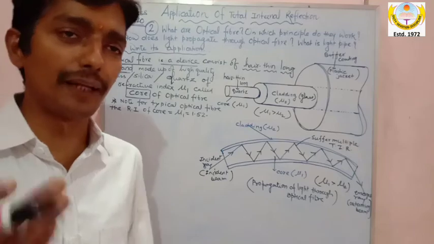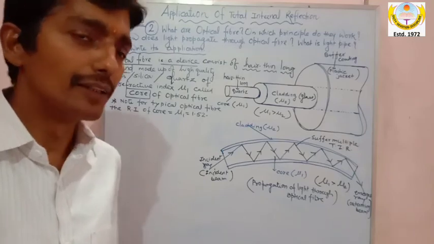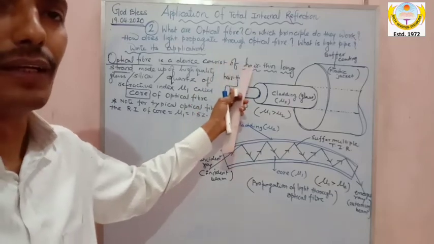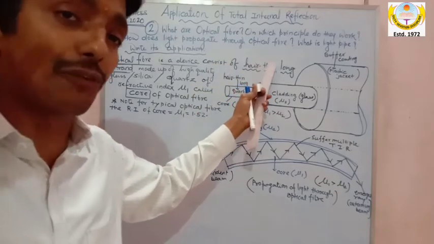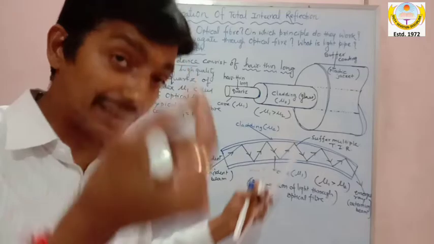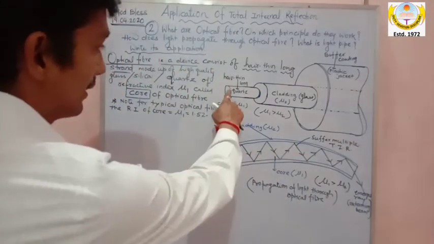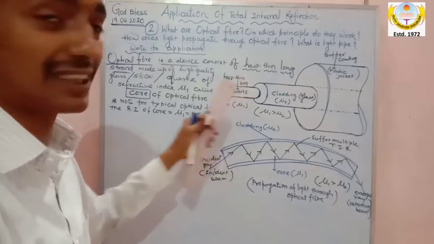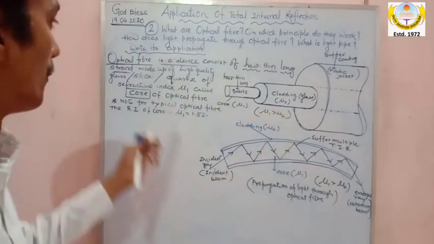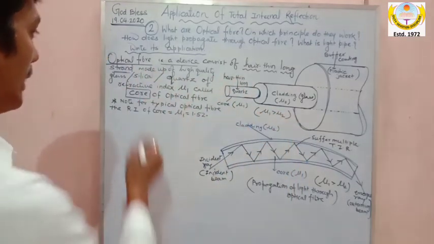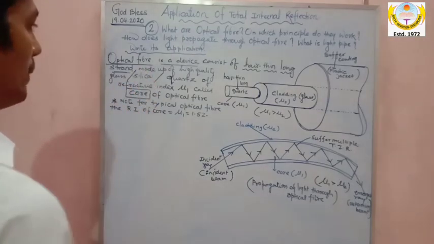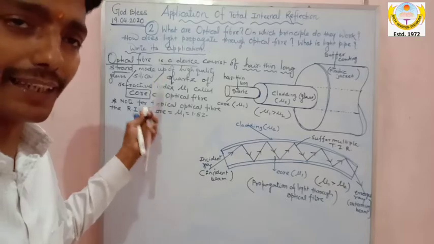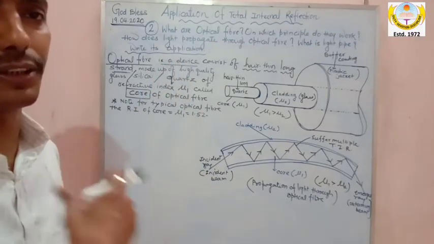But the optical fiber keeps on going. I said optical fiber is a device which consists of a hair thin long strand, like long hair, made up of high quality glass, silica or quartz.